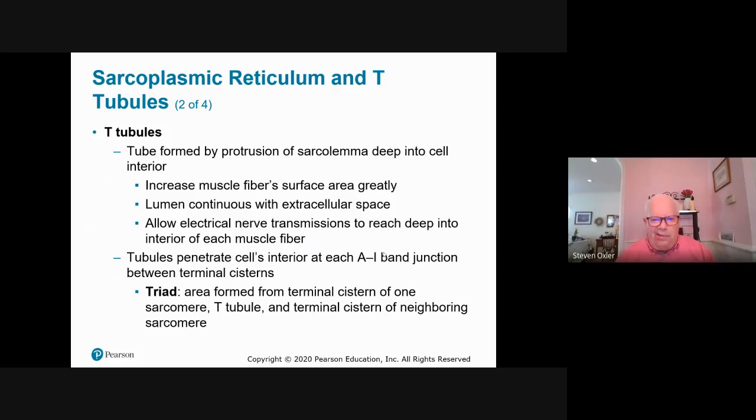It allows electrical nerve transmissions to reach every single muscle fiber. And it forms a triad. And the triad is the area formed from the sarcomere, remember the functional part of the muscle, the T-tubule, and the termination of the T-tubule at the sarcomere.